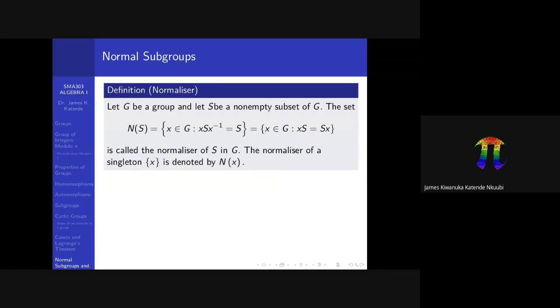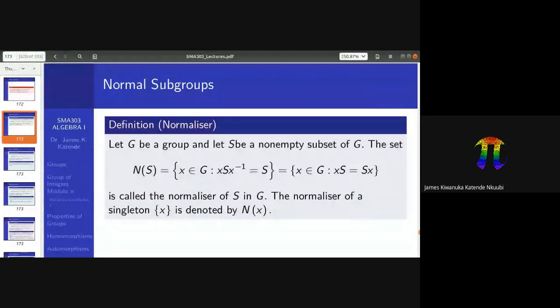So we define some new concepts, new for us, but not entirely new in group theory. We're going to define the normalizer of a non-empty subset. Let's see, someone is trying to join. Can admit them.